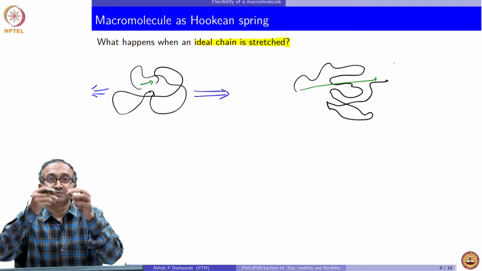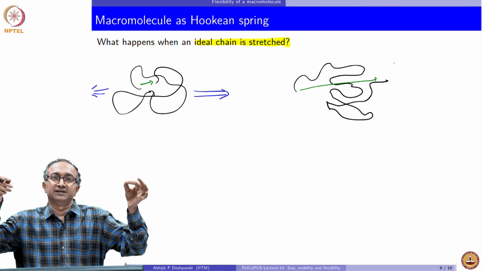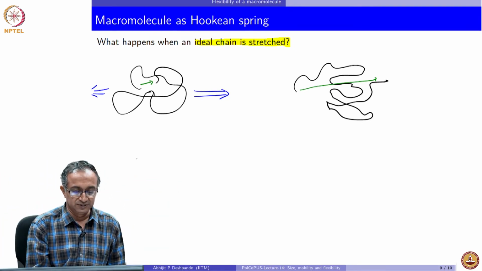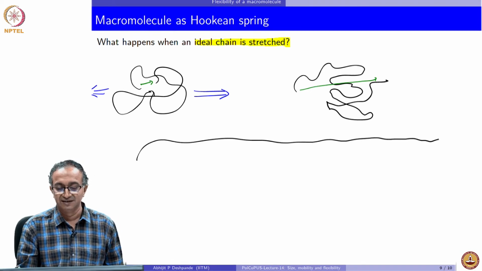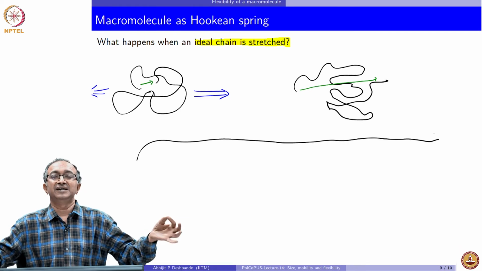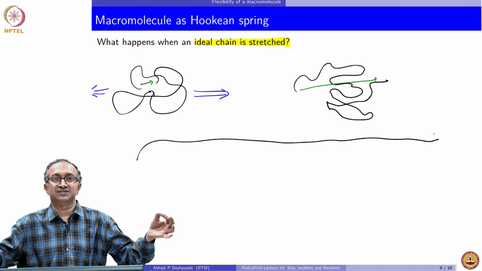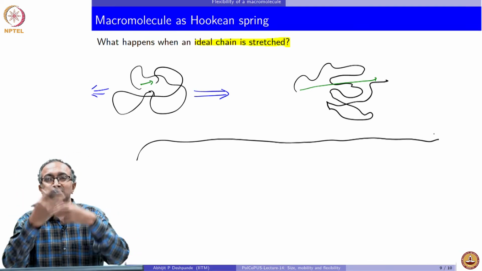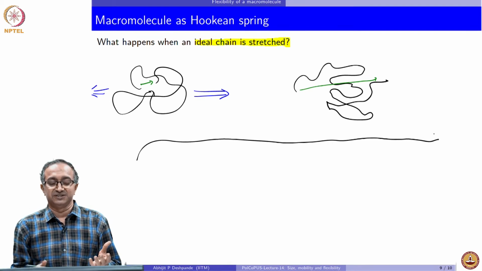What if I take the macromolecule and keep on stretching? If I stretch it all the way such that the macromolecule just becomes like this, basically no conformational changes can happen because I have completely extended and stretched the molecule. But if I bring the two ends closer and closer, then the macromolecule can take lots of conformations.